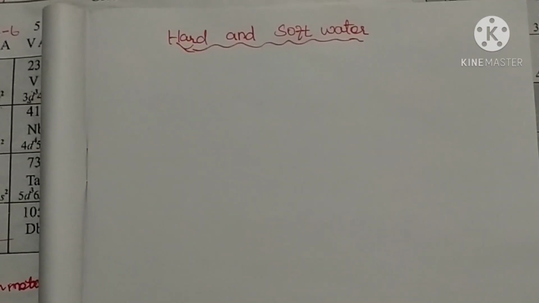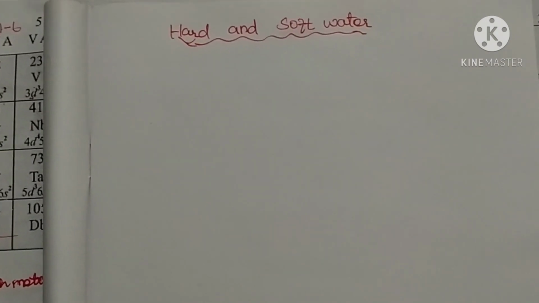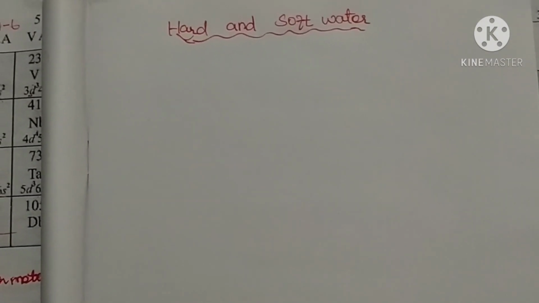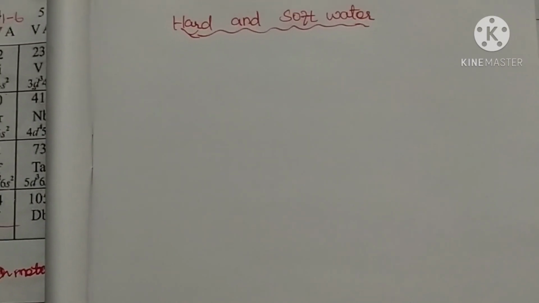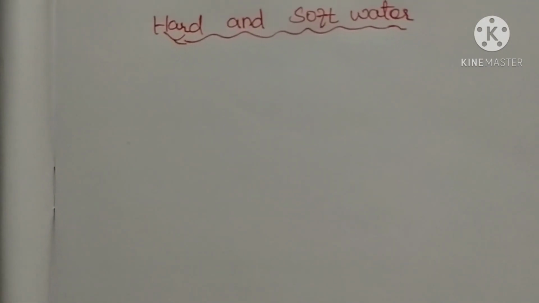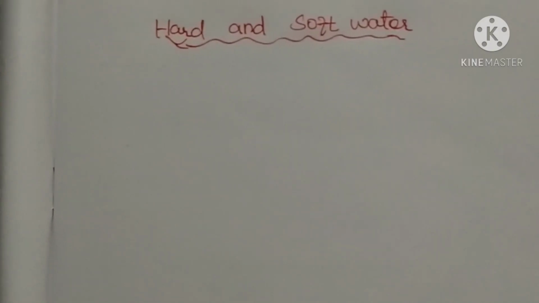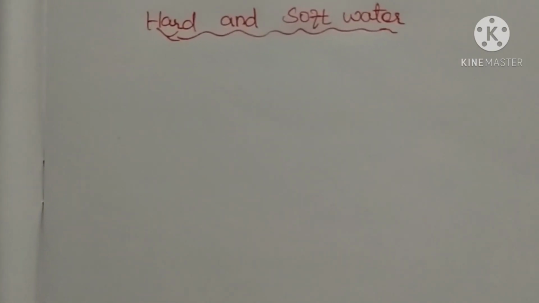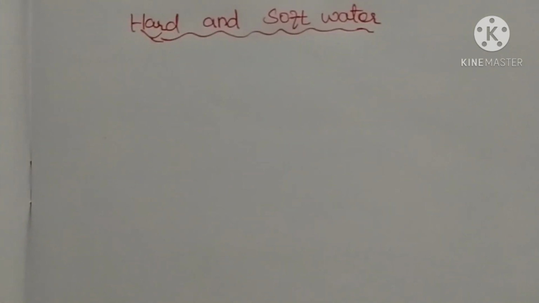The most common ions found in hard water are the soluble metal cations such as magnesium, calcium, iron, aluminium, and manganese, dissolved in the water. The metal cations like magnesium and calcium can form bicarbonate, chloride, and sulfate of that particular metal cation.